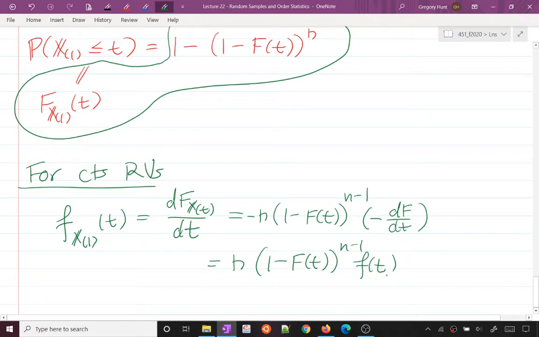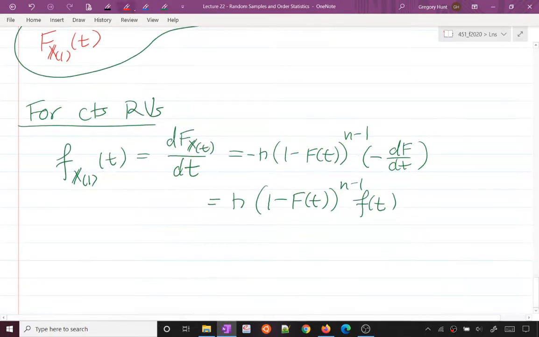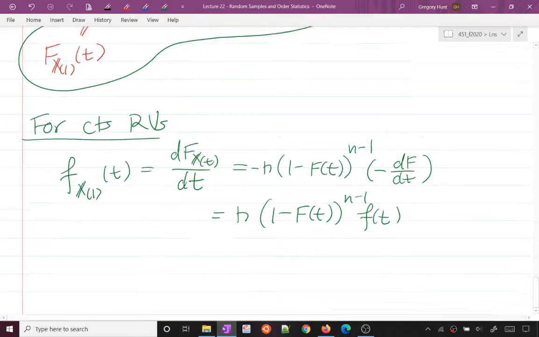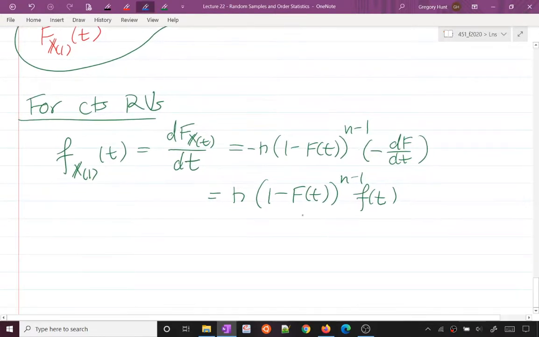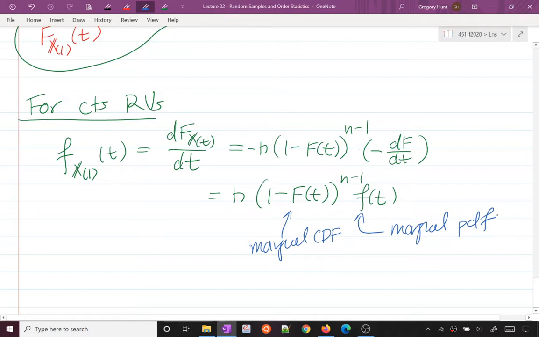And so for at least the continuous case, that is the PDF. And for the discrete case, you can get the CDF. But for the continuous case, you can get the PDF. And capital F is the marginal CDF of any of my f sub i's, and little f is the marginal PDF of any of my x sub i's.